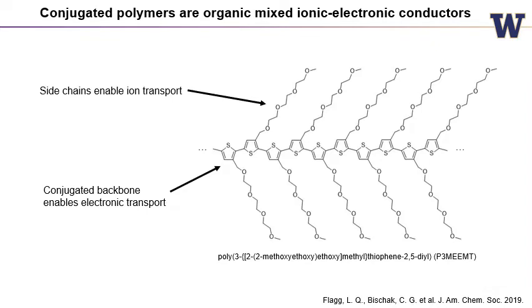The materials I'm going to be talking about today are conjugated polymers used as mixed ionic electronic conductors. They typically have side chains that enable ion transport, like these ethylene glycol side chains shown here, and also a conjugated backbone that enables electron or hole transport within the material.